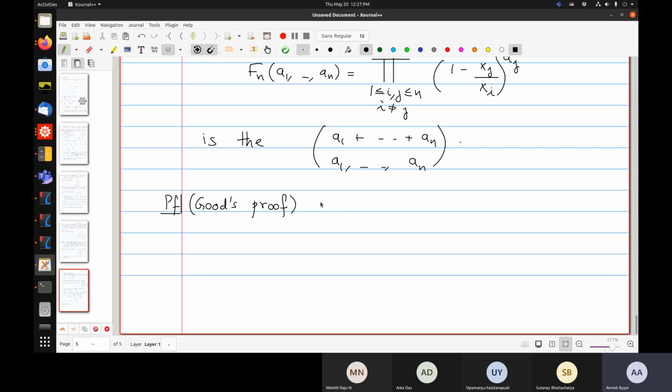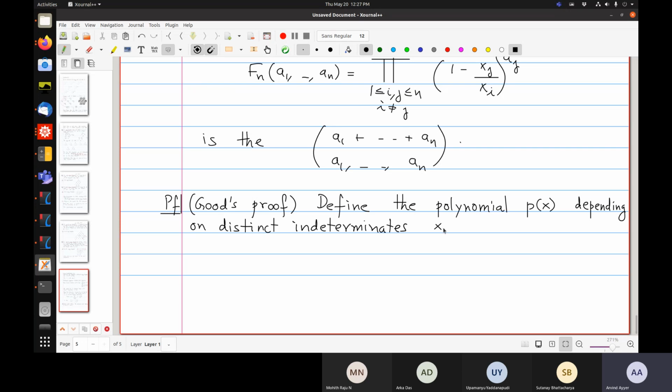Define the polynomial in x, depending on distinct indeterminates x1 up to xn, as p of x is the sum j equals 1 to n of the product i equals 1 to n, i not equal to j.